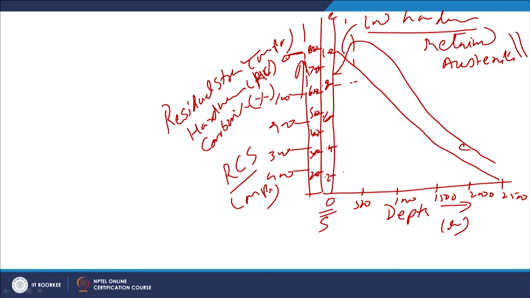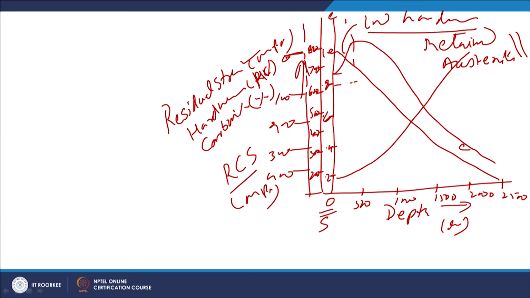The residual stresses are compressive and decrease in magnitude as we go deeper, becoming 0 as we go down to the core. The residual stresses are maximum compressive at the surface, with a magnitude of about 300 to 400, or 400 to 500 MPa, depending on the yield strength of the material.